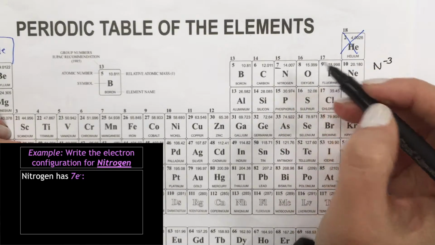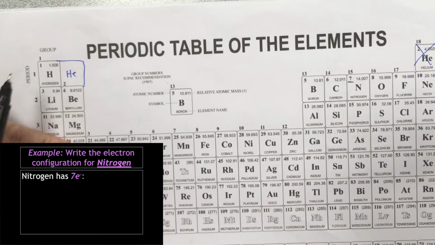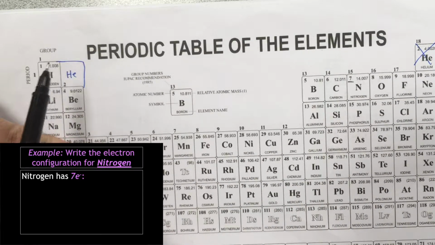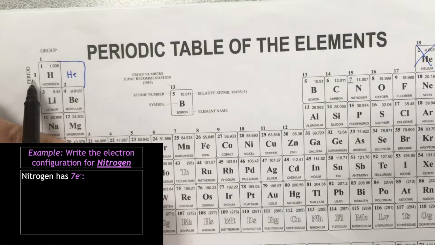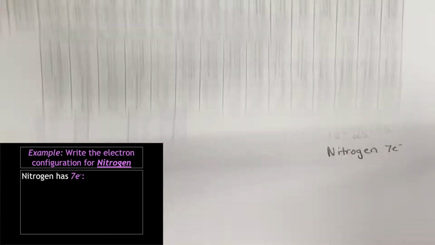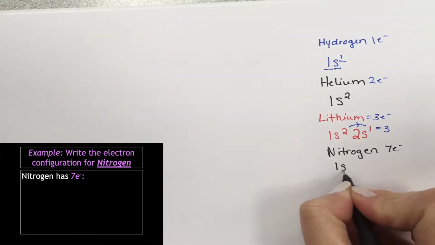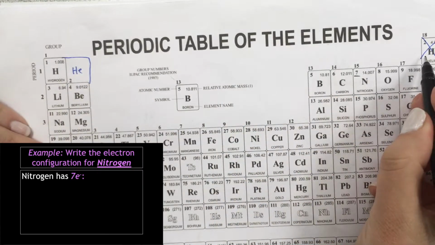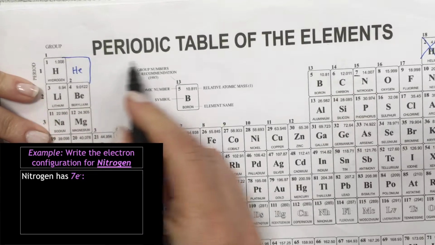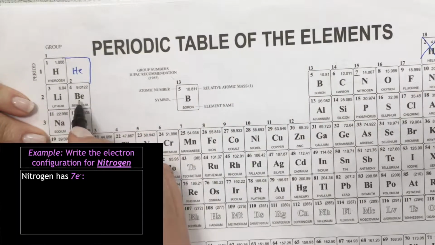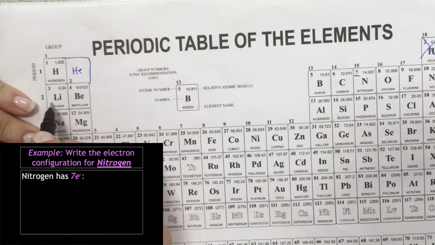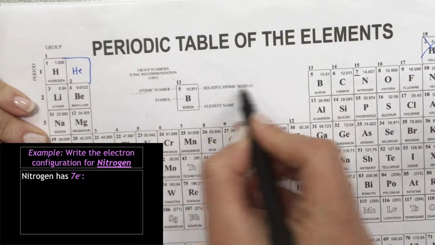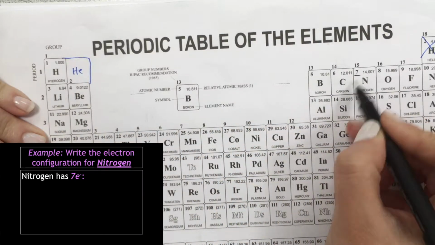So we must first start with the first energy level, which is 1s2, always, always, always 1s2. We have 2 of the 7 electrons, and there's nothing else on the first energy level, so we move to the second energy level. We're basically reading like a book until we get to where we are supposed to be.